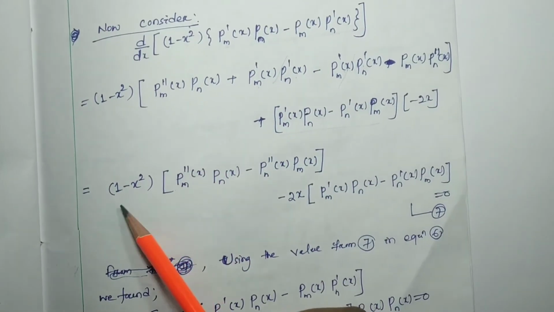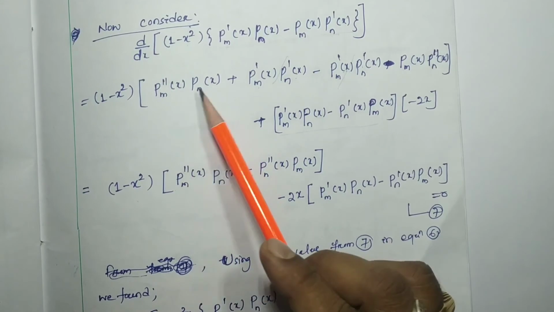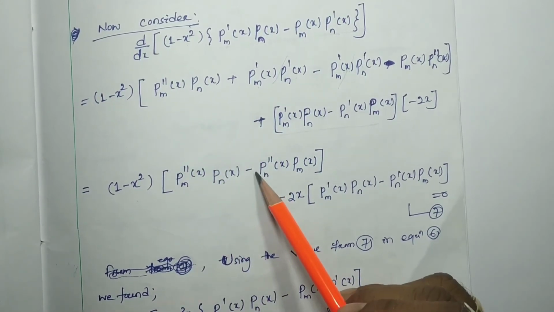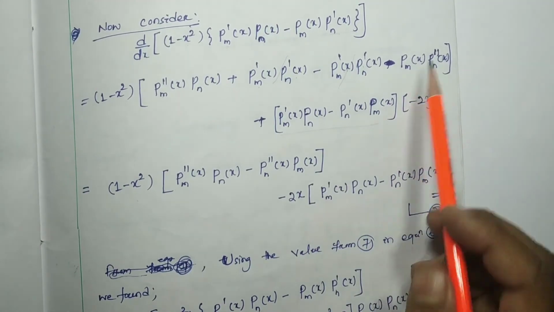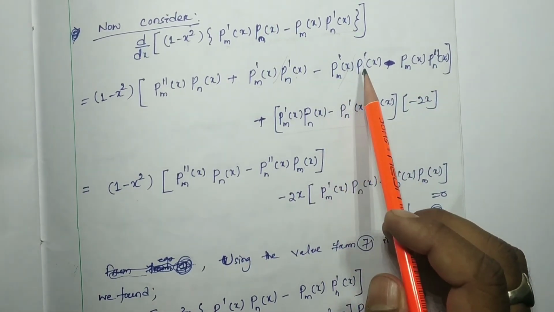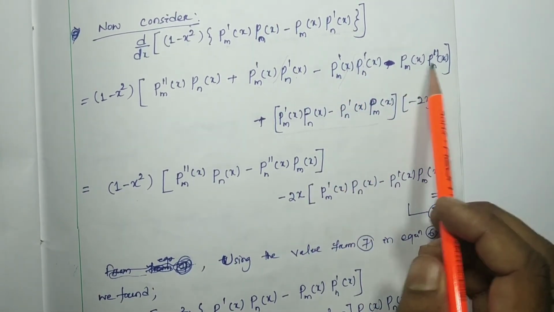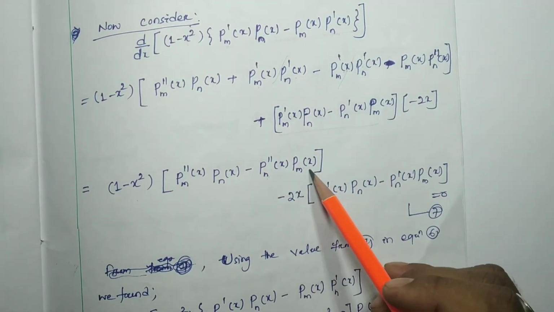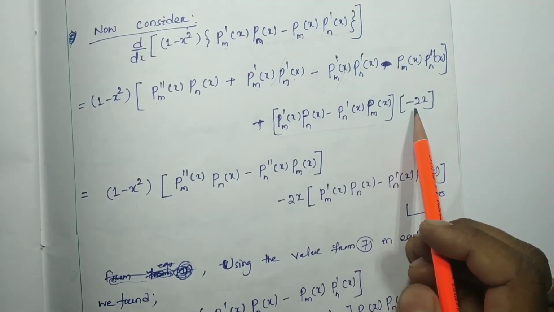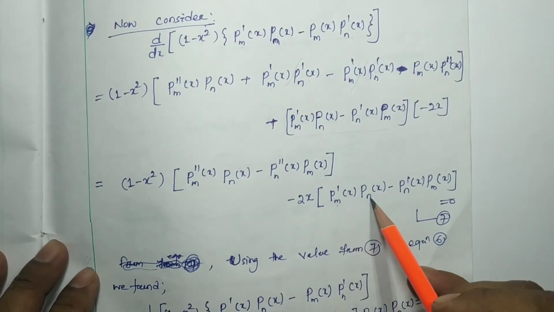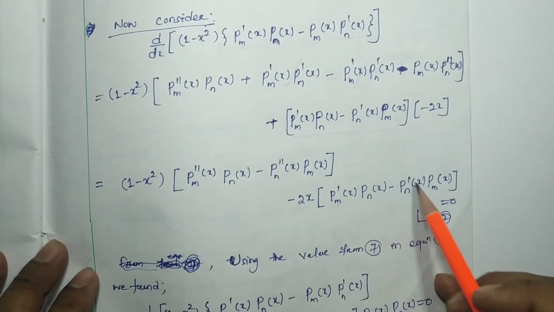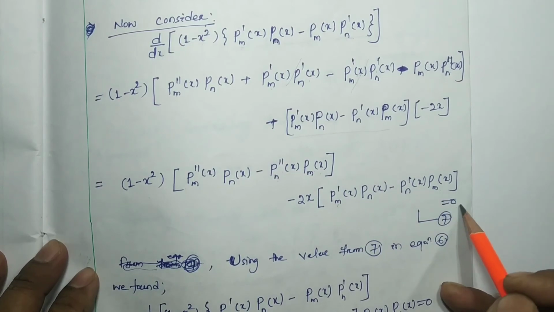So 1 minus x square pm double dash x pnx minus pn double dash x pmx, so this is minus 2x, so we can write minus 2x pm dash x pnx minus pn dash x pmx equal to 0.